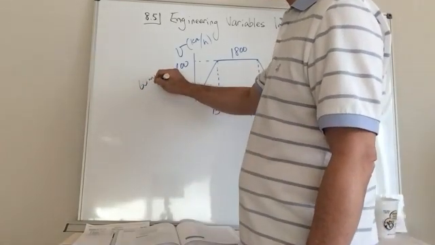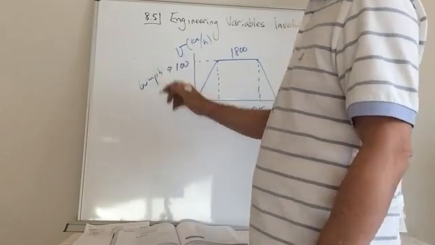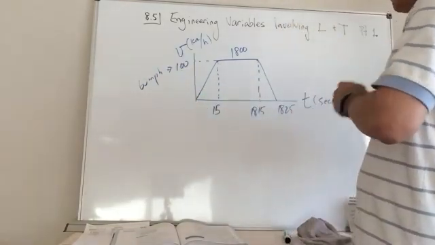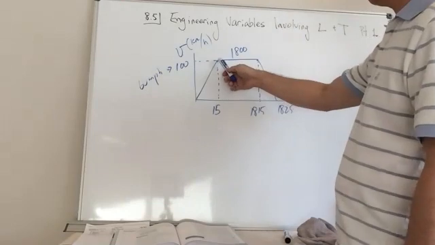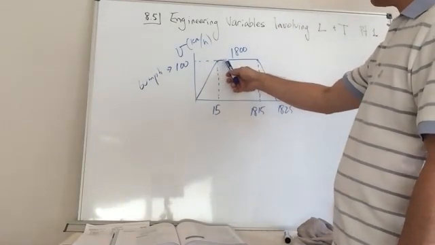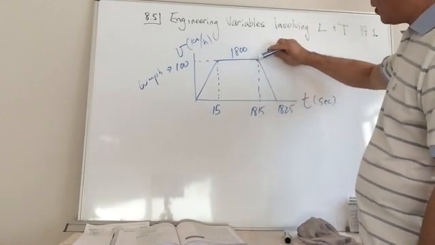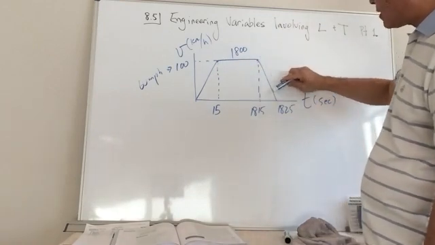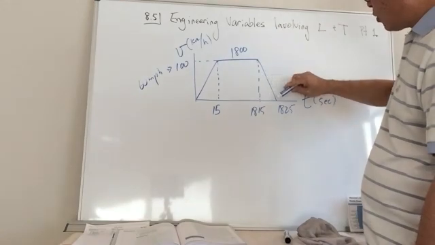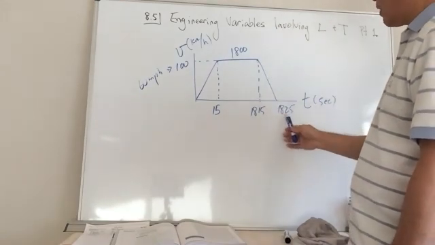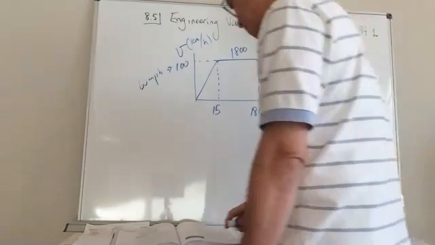Approximately 60 miles per hour, okay? Anyway, it accelerates to 100 kilometers per hour, stays constant for 30 minutes, and after the 30-minute point it decelerates, or slows down, and the velocity is 0 at 1825, okay?